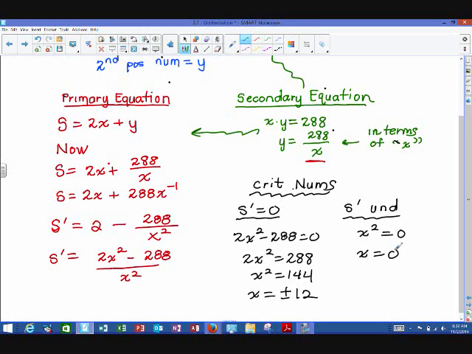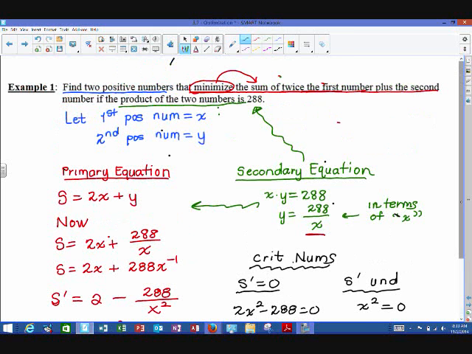Once again, anytime that you have a fraction and you're saying, when is this value equal to 0? That's only going to be true if the top is 0. Fractions are only 0 if the numerator is 0. Fractions will then ultimately be undefined when the denominator is 0. Now it seems like we have tons and tons of critical numbers. Well, 3 to be exact. But that's not really the case, because if we remember, the original text of the problem stated that we want two positive numbers.